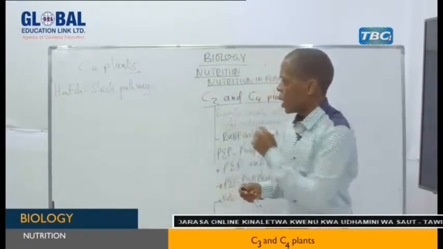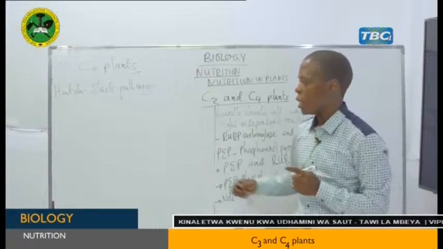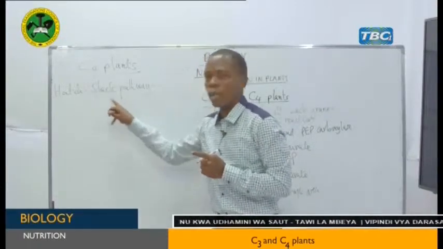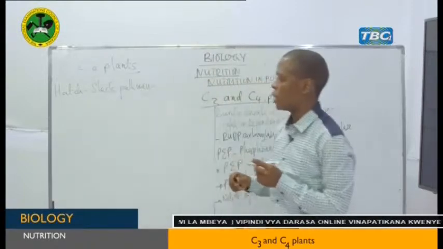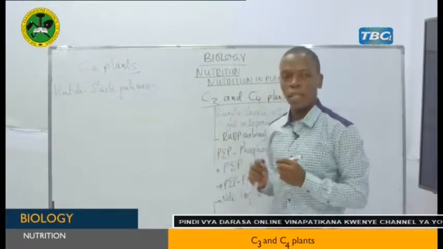What is this Hatch-Slack pathway? As we have said, these are two scientists, Hatch and Slack. Therefore, the pathway discovered by these two scientists is generally known as the Hatch-Slack pathway.